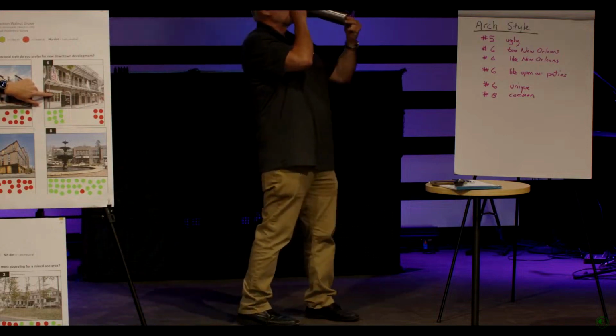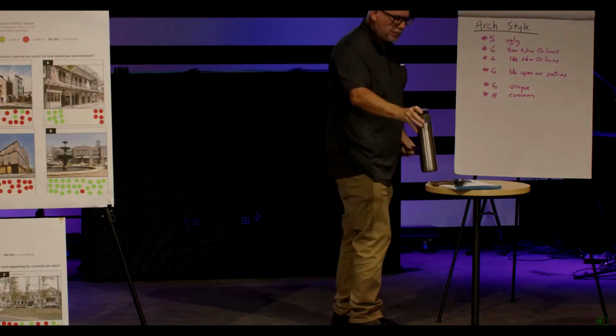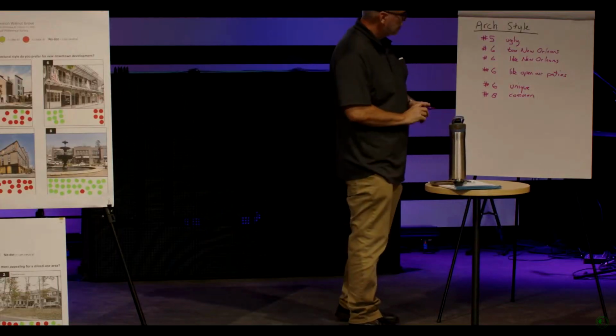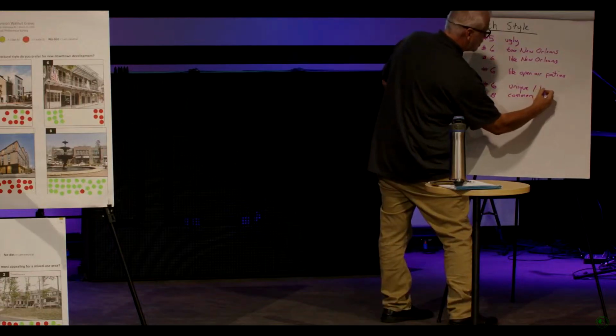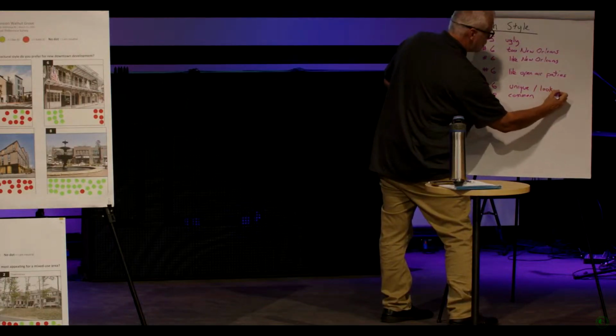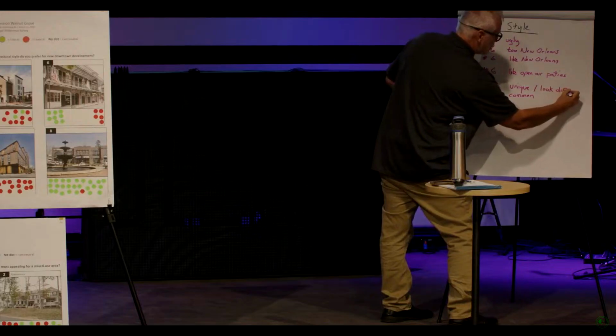That's an excellent point. Number 6 here, the New Orleans, and number 8, which is Smyrna, lend itself to smaller scale residential above retail. Yes.